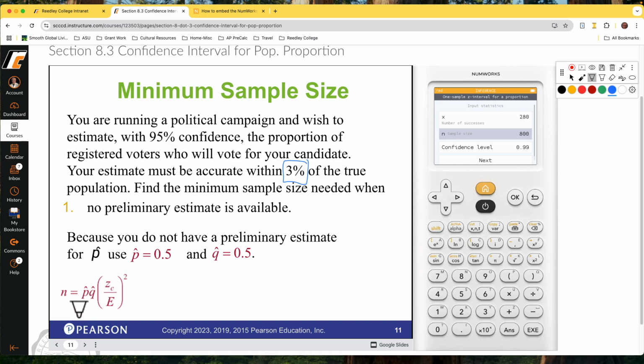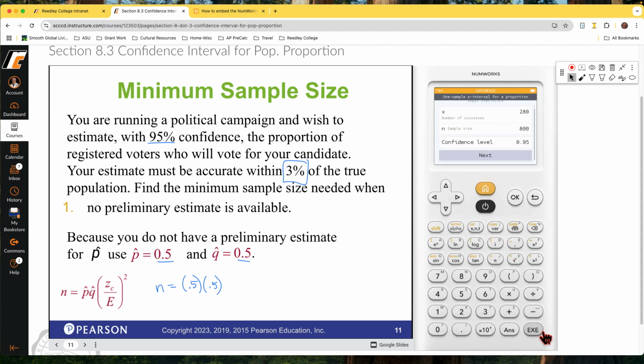And so we put in our values here: our sample size is 0.5 times 0.5. That's p hat, q hat. Those are coming from right here. Then the z critical value. Since we want 95% confidence, it's still a z value. You may remember that's 1.96, but if you don't, you can use the calculator, before we start doing all this, and put in 0.95. It doesn't matter what the other values are, it's going to give us that z critical value of 1.96.